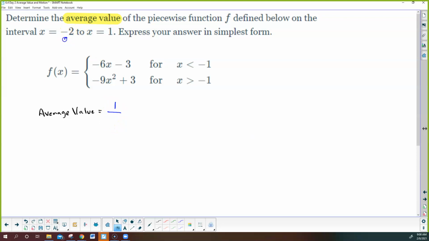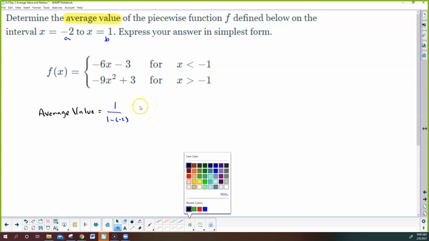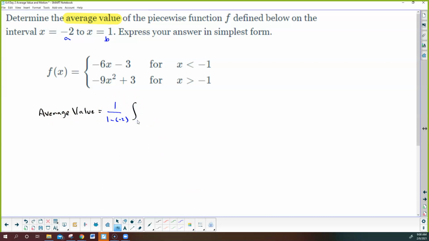Well, in this case, a is always going to be the smaller number unless they write it differently. But we want to pick the difference of b minus a. So there's the average portion. And then it's just the integral from -2 to 1 of f of x dx. So that's what we're trying to find.